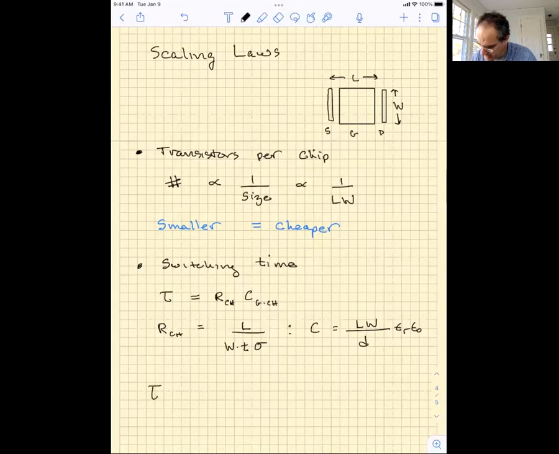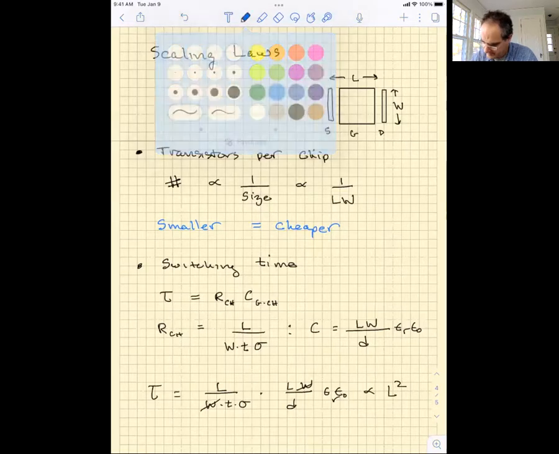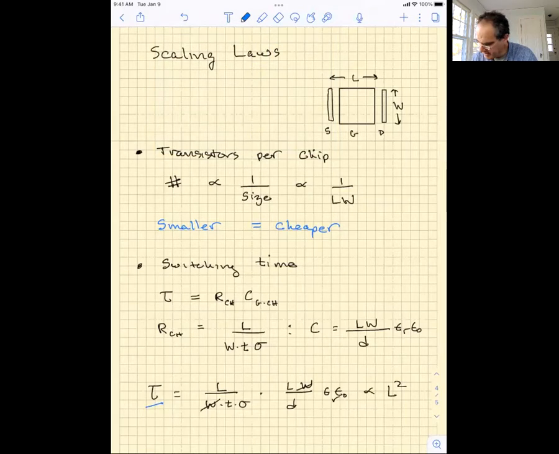So the tau, RC, should be L over W times T times sigma times the capacitance, which is L times W over D epsilon R epsilon naught. And you'll notice that this is proportional to L squared. So the switching time is proportional to L squared.